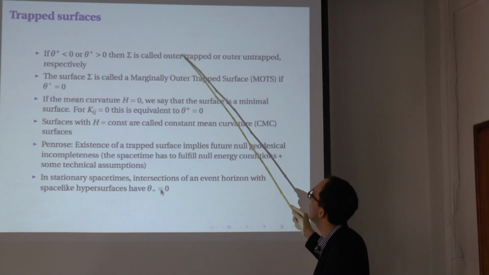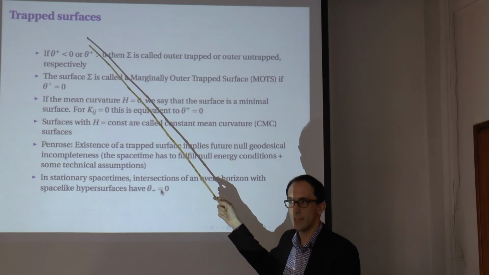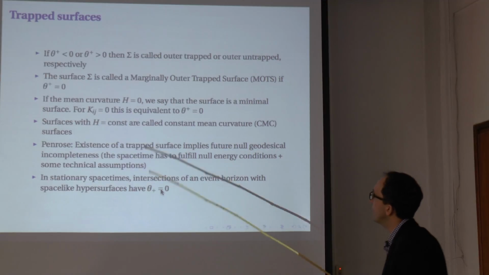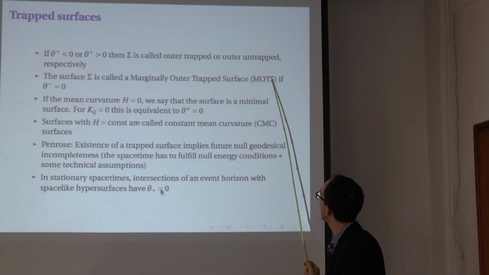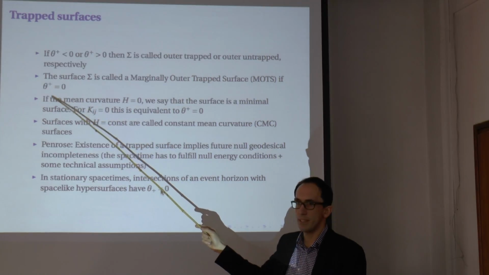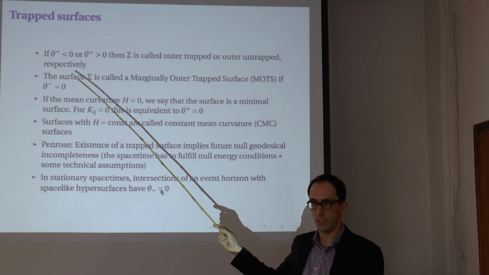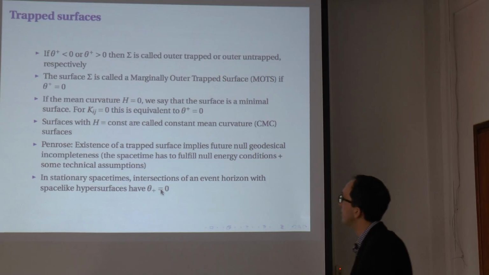And this word outer refers to the fact that you only choose one theta, not two of them. And the surface is called a marginally outer trapped surface, or MOTS, if theta plus is 0 exactly on the entire surface. Right? So basically that completes that definition.